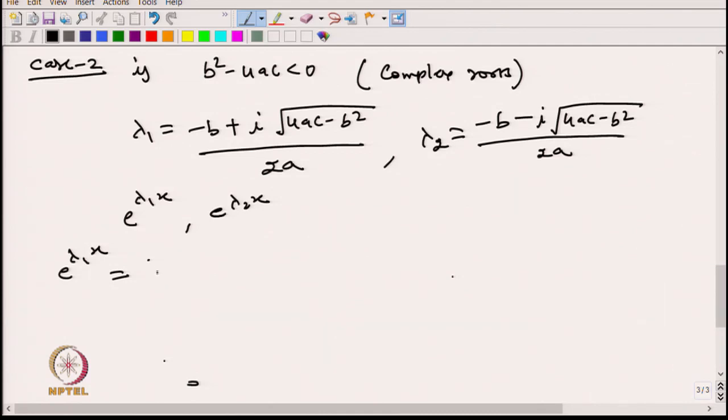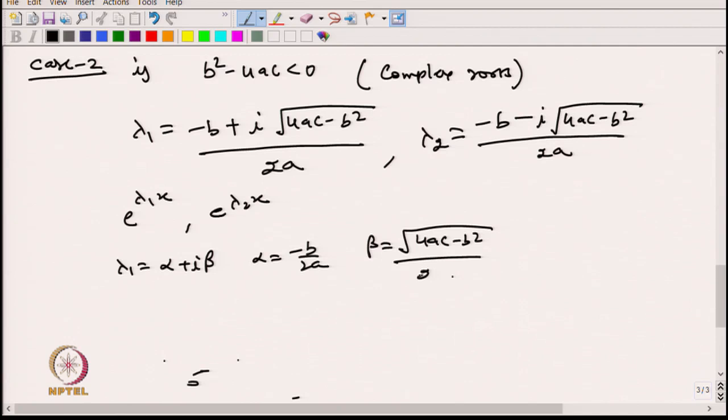So, let us take lambda 1. To make the calculation a little bit simple, I will write lambda 1 as alpha plus I beta, where my alpha is minus b by 2a and beta is square root of 4ac minus b square, divided by 2a.